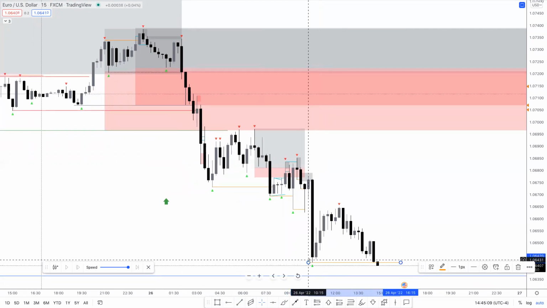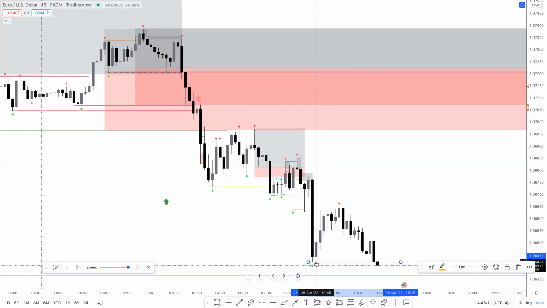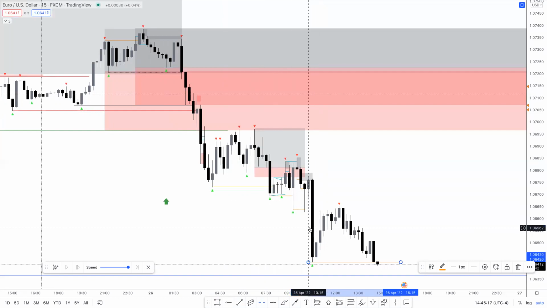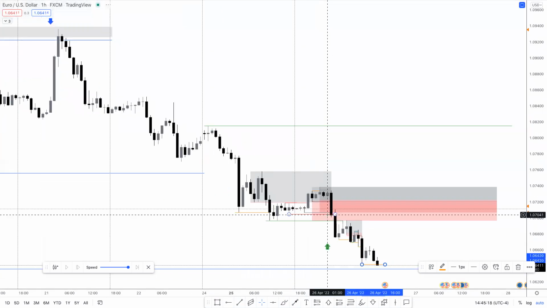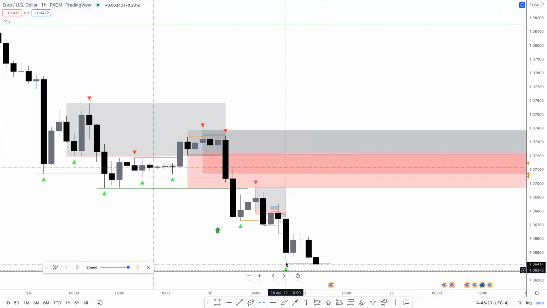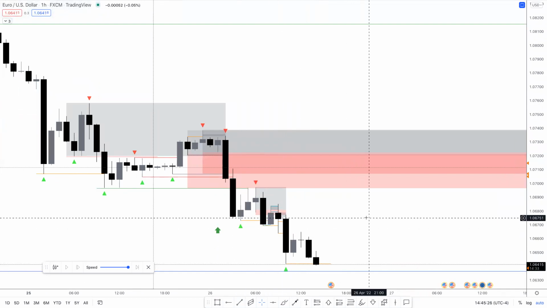The problem is we're not going to be trading it the same way as 15-minute structure because of where it's placed. If we go into the hourly, it's also an hourly fractal. If price sweeps a 15-minute fractal and I want to take a continuation, I will be looking for the last candle in 15 minutes that grabs liquidity before the break.